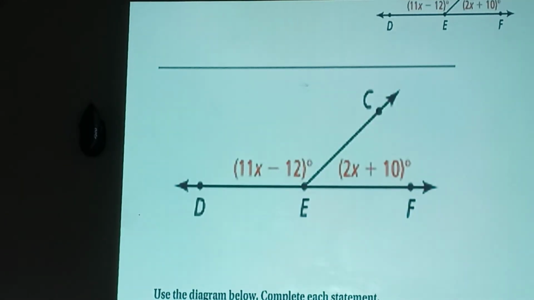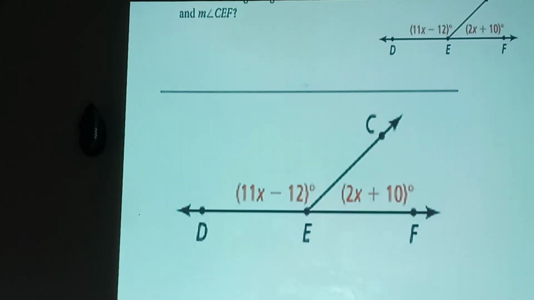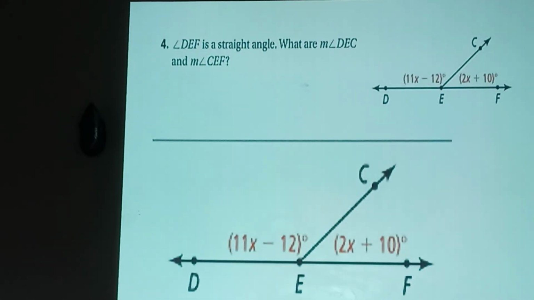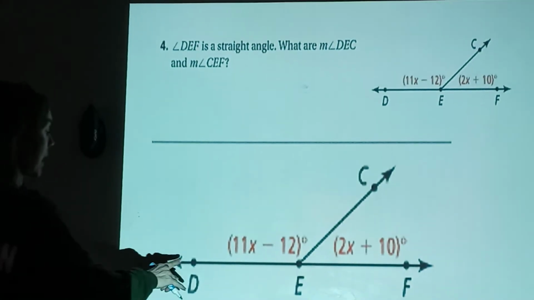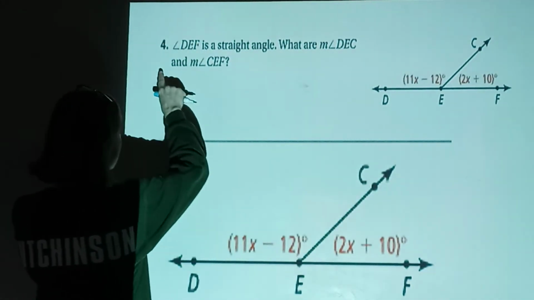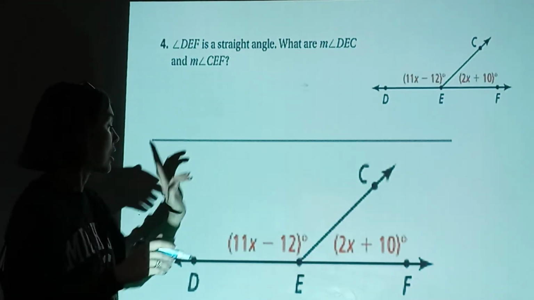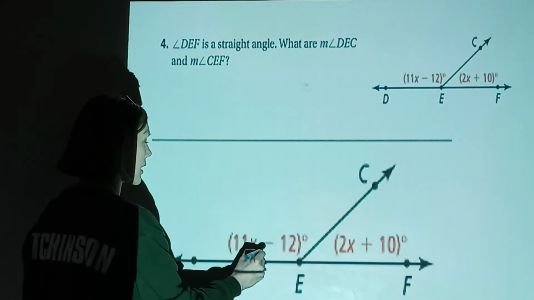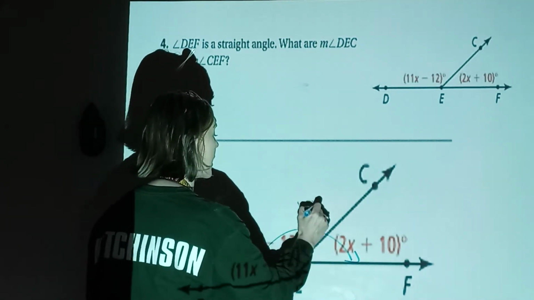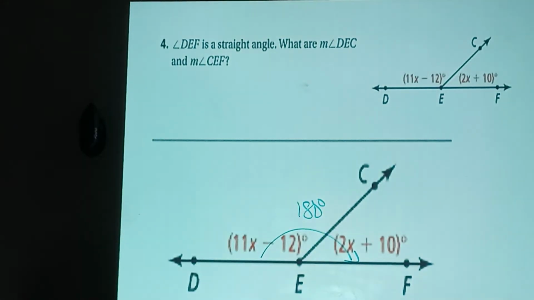It says DEF is a straight angle. So that means automatically, guys, that from here all the way to here is 180 degrees. Write that. Do it now.